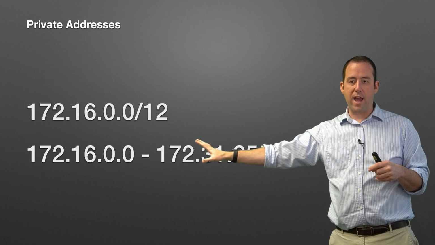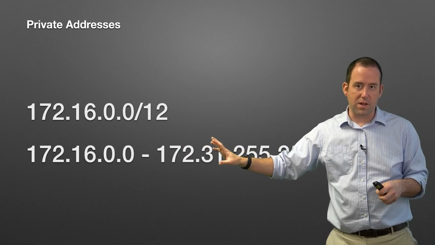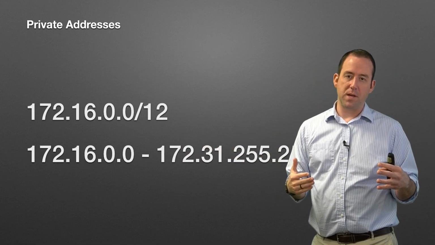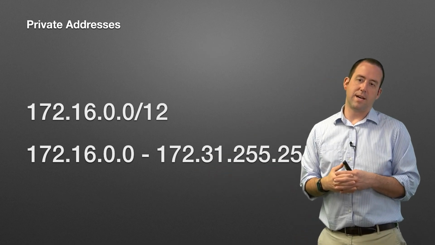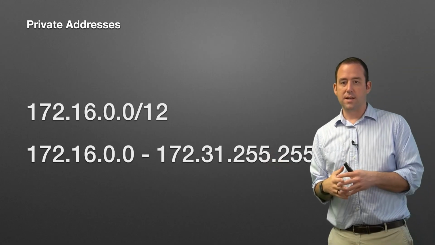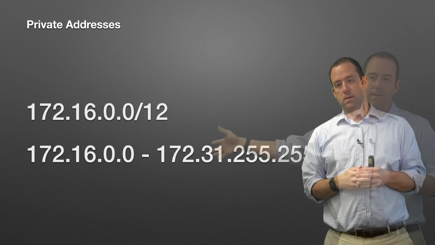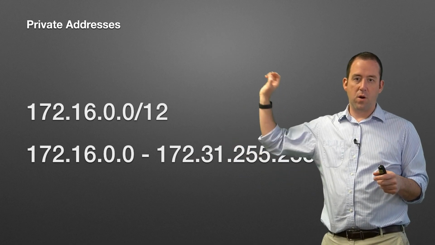So every address that starts with 172.16 all the way up through 172.31 is part of that private IP address range. So you could use at home, you could say, I want to use 172.17, 172.18, 172.30.0.0 as my subnet.